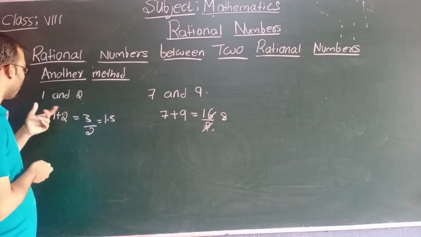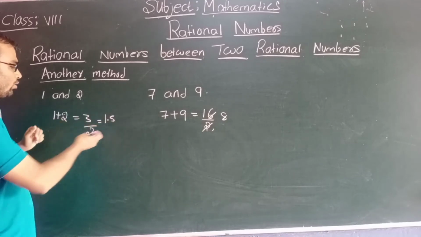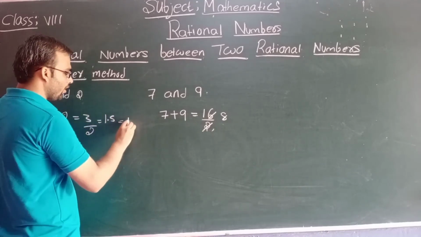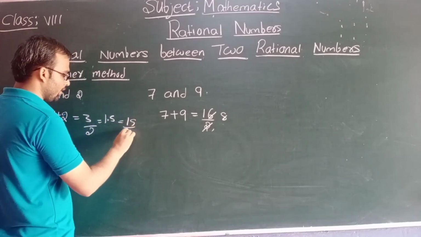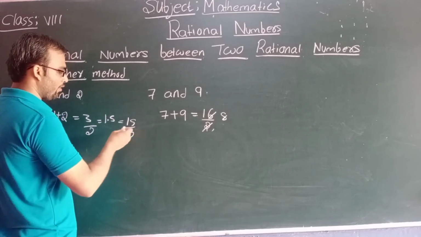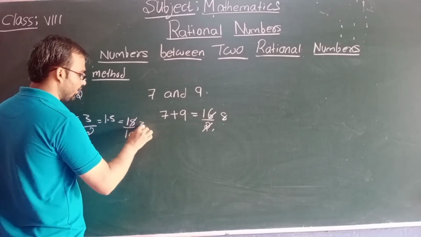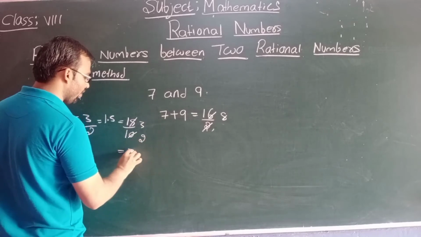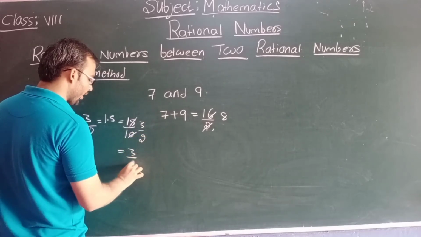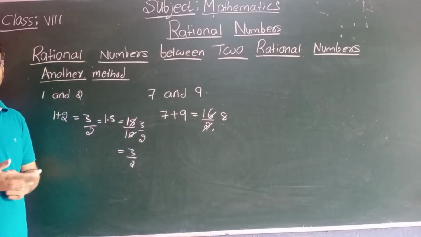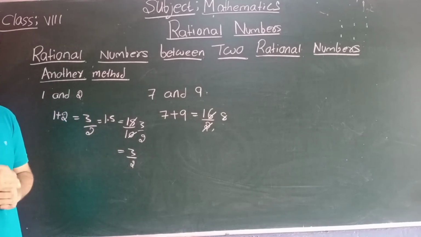What we have got is 1.5. This 1.5 can be written as 15 by 10. Now you can cancel, 5 3s are 15 and 5 2s are 10. So what you have got? 3 by 2. So now we shall see this method to write the rational numbers between any two rational numbers.